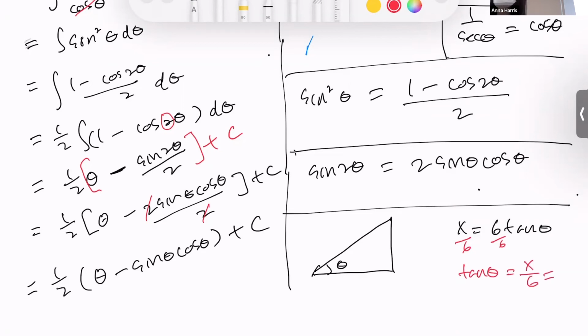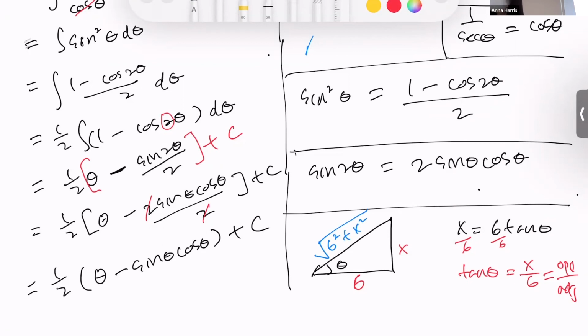Okay, now tell me what tangent is equal to. What over what? Opposite over adjacent. That's right. So you're going to say, oh, opposite is x, adjacent is 6. Can I figure out the hypotenuse? What is my hypotenuse? So I'm going to say square root of 6 squared plus x squared.